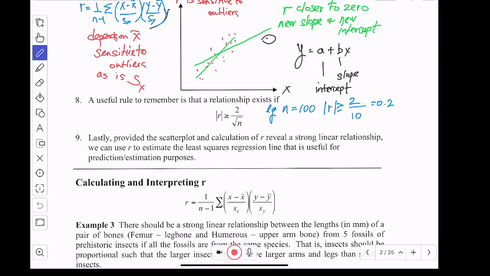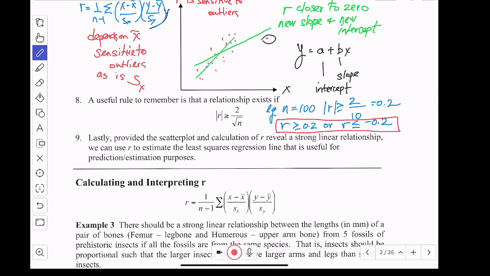So this means that to be able to say there's a relationship, R greater than or equal to 0.2, or, because if it's negative, R less than negative 0.2, in either of those cases, you could say you have a relationship, which is really pretty amazing. Your R does not have to be so close to 1 to be able to say you have a relationship. That's how you interpret that.